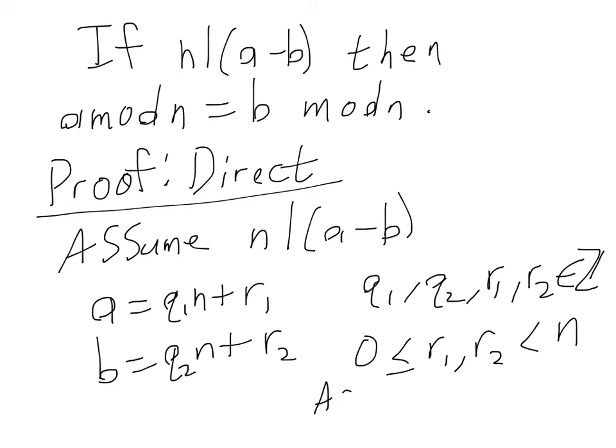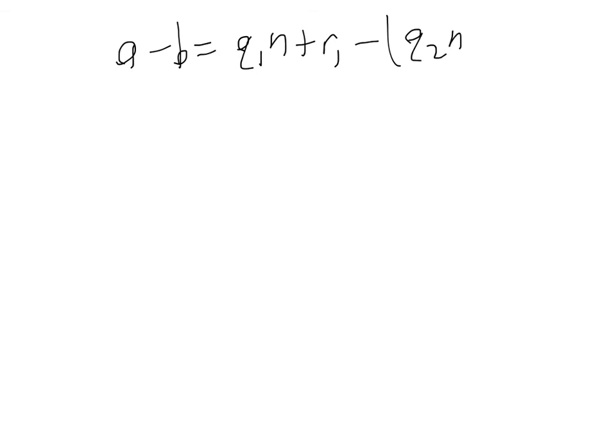So I'll assume that r1 is bigger than or equal to r2. Okay, so then let's look at the difference. a minus b equals q1n plus r1 minus q2n plus r2.